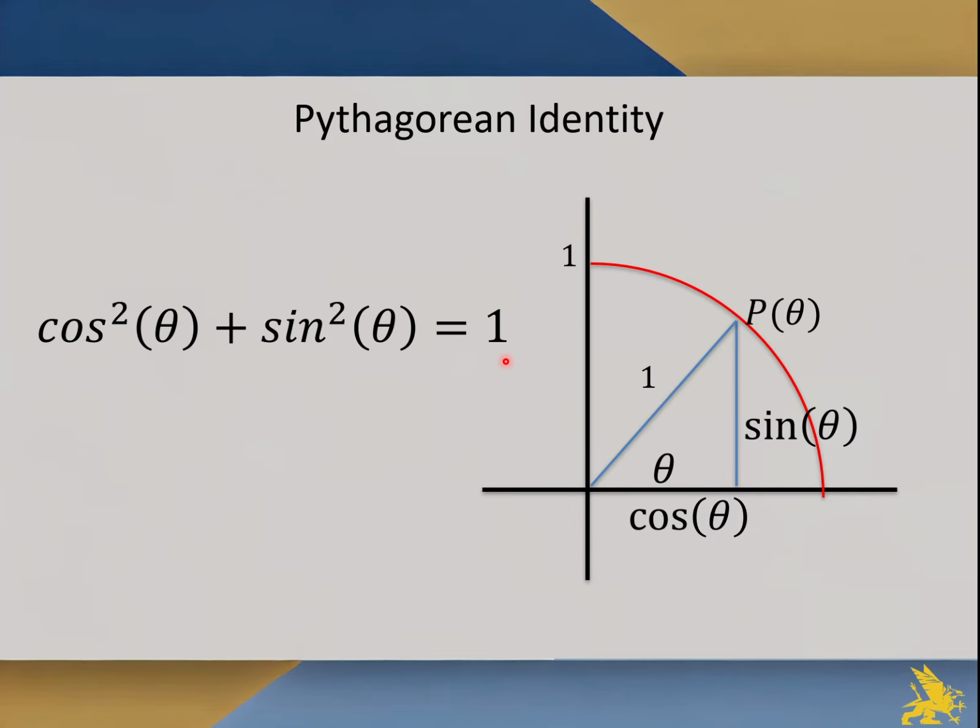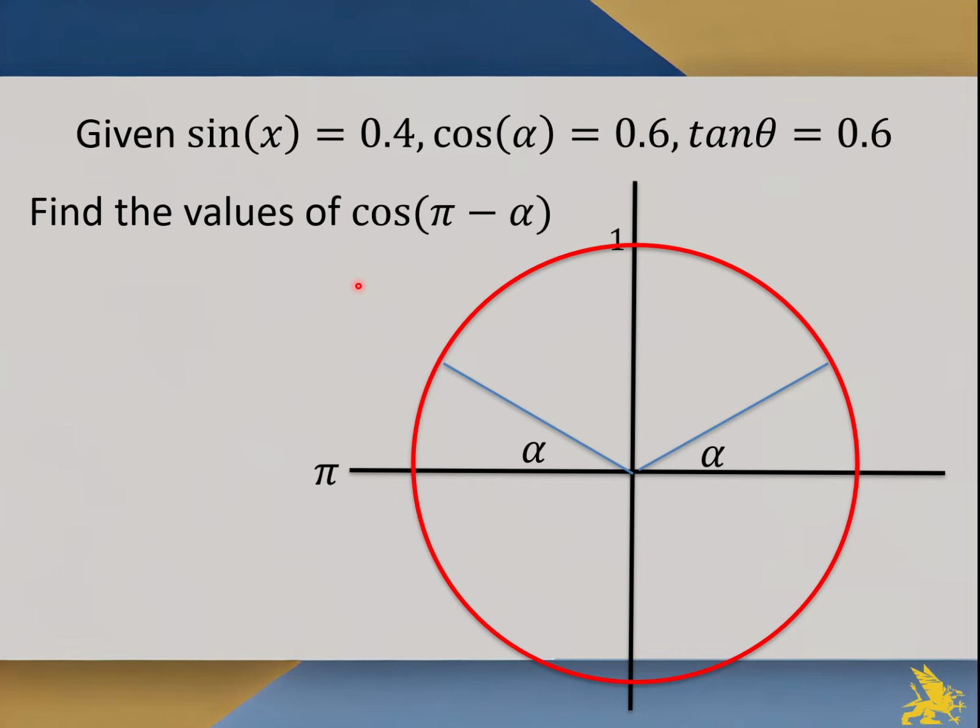We are now going to use our understanding and apply it. We are given sine x is equal to 0.4, cosine is equal to 0.6, and tangent is equal to 0.6. Find the values of cosine of pi minus alpha. First thing we are going to do is look at where we're focusing.